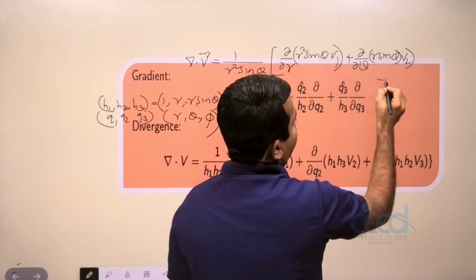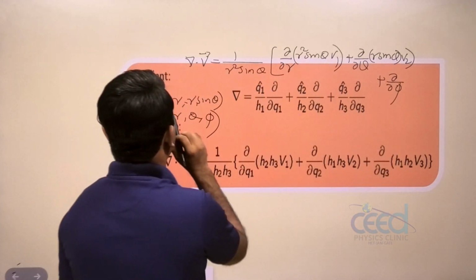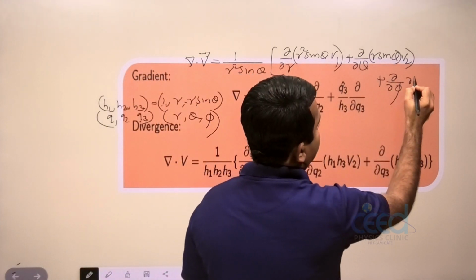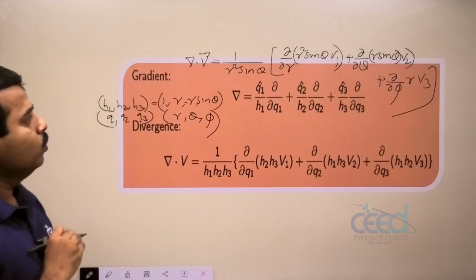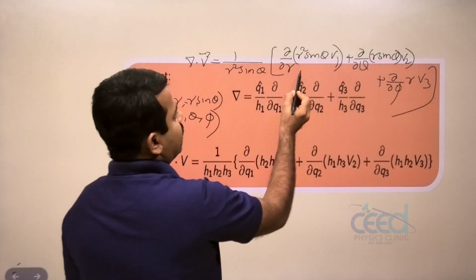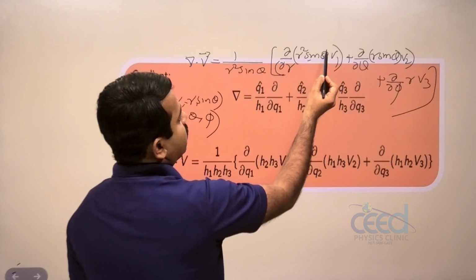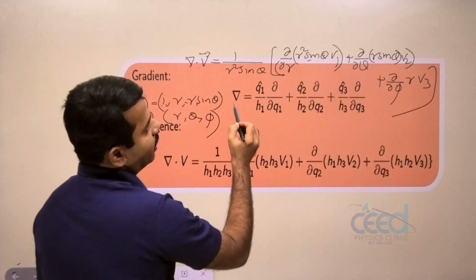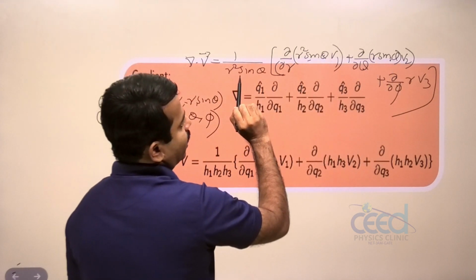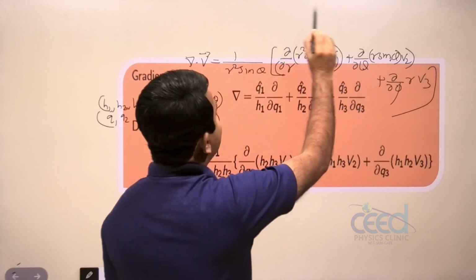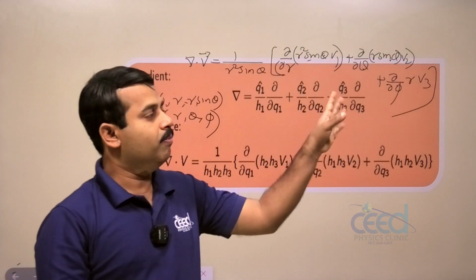Then the final term is dou by dou phi, here h1 h2 is 1 into r, times v3. This is the divergence. Now you can expand this: sin theta cancels in the r term because with respect to r, sin theta is a constant. With respect to theta, sin theta cannot be cancelled. So this is the divergence, and based on the function given we can simplify it.